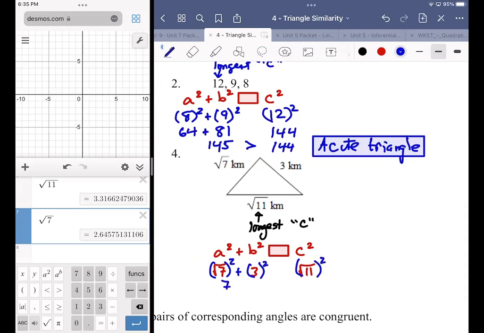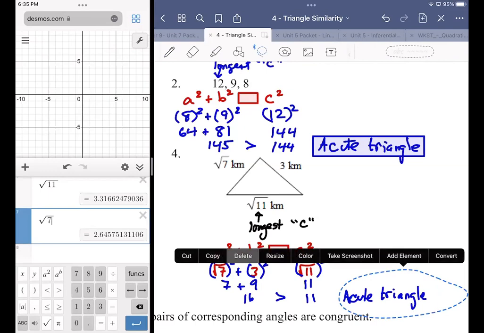So we have 7 plus 9, which is 16, and 11. 16 and 11 have a relationship where 16 is more than 11. So that would be another acute triangle. Aside from the fact that it actually looks like an acute triangle, the math bears it out too.